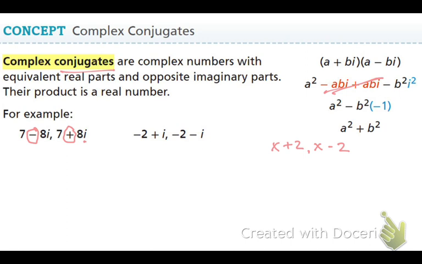So here's my moral of the story. I go through this lesson, and for the entire year, when I want people to say conjugate, they say complex conjugate. Okay, that's wrong. Unless an imaginary number is included, it's not a complex conjugate. But could I call these just conjugates of each other? Yeah.